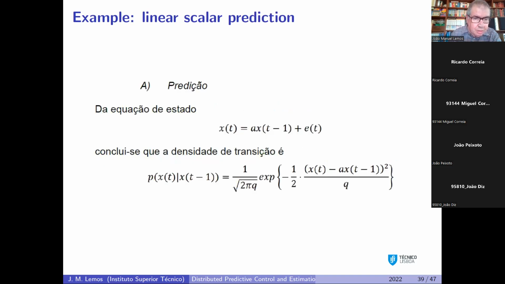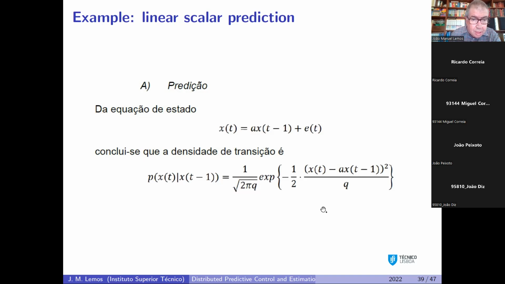Now let's do prediction. From the state model, what happens? We have to compute this density function that appears in the convolution integral of the prediction operation. So the density of x given x of t minus 1 is what?